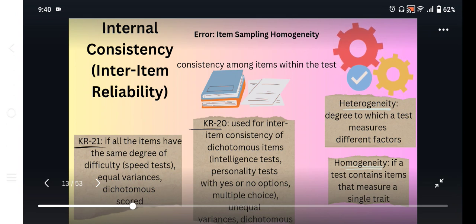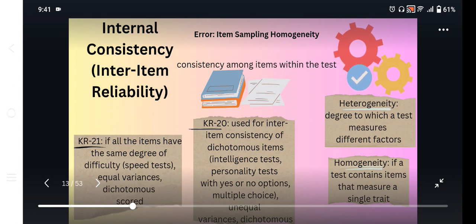The computation of the coefficient of split-half reliability generally entails three steps. First is divide the test into equivalent halves. Second is calculate a Pearson R between the scores on the two halves of the test. Third, adjust the half-test reliability using the Spearman-Brown formula.